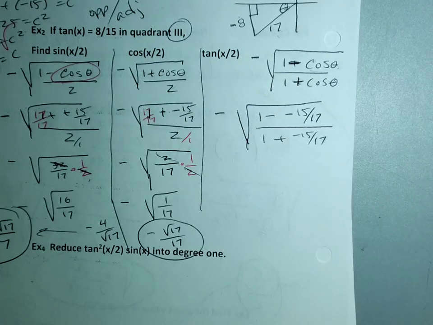Cosine is adjacent over hypotenuse, so negative 15 17ths. How am I doing? We change this to 17 17ths as a common denominator, and 17 over 17ths here, right? First of all, I'll make this a plus, double negative, right?